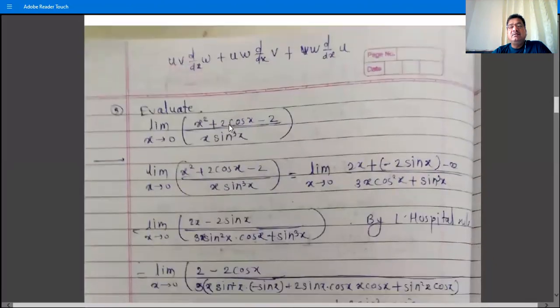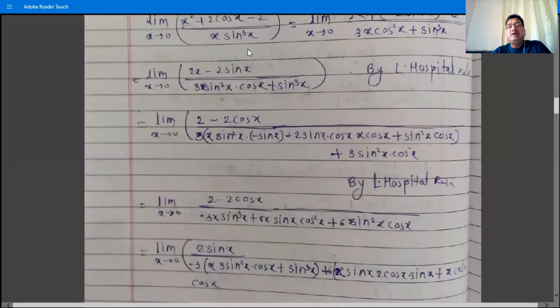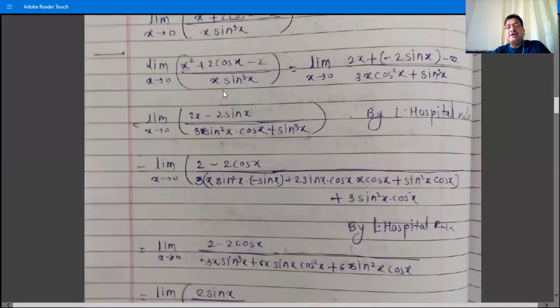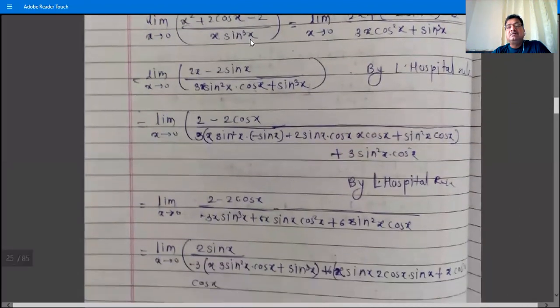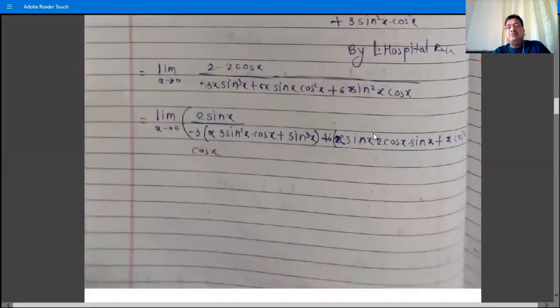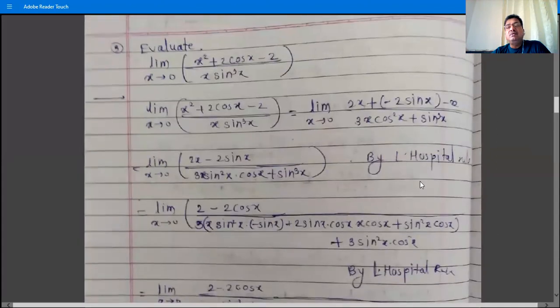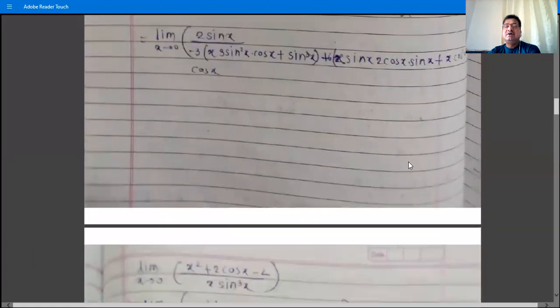If we directly apply the L'Hospital rule, then the derivative of x into sine cube x becomes complicated, and the next derivative becomes even more complicated. So don't directly use the L'Hospital rule.